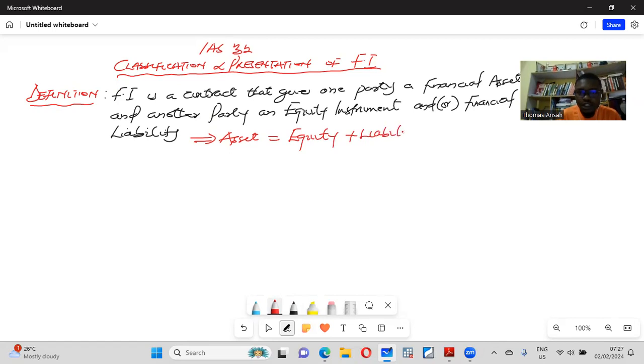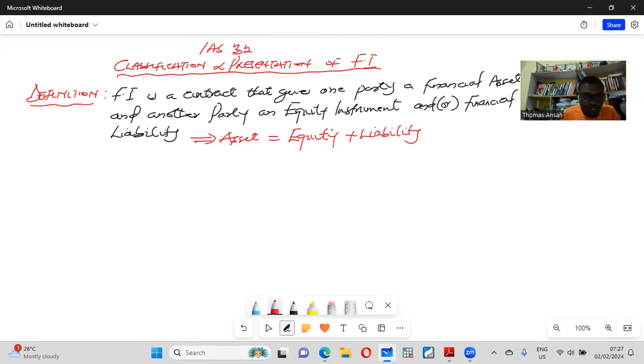You remember? Yes, the accounting equation. So basically, that is what this is about. It's a contract that gives one person a financial asset and another person an equity instrument and or a financial liability. So it kind of gives us the old accounting equation concept. And so you could see the classification right here.